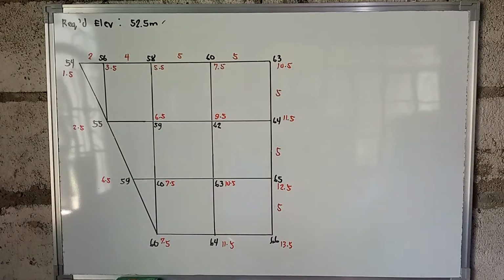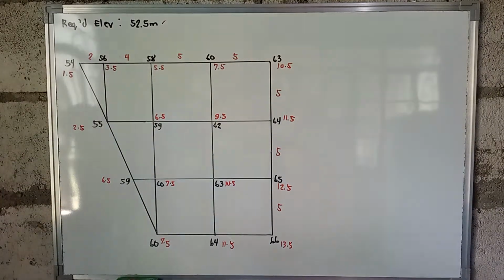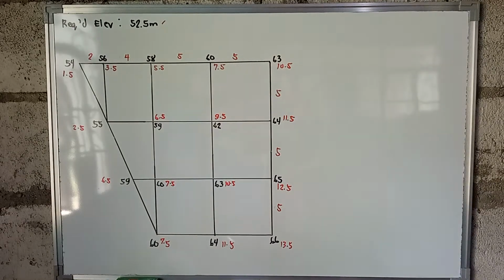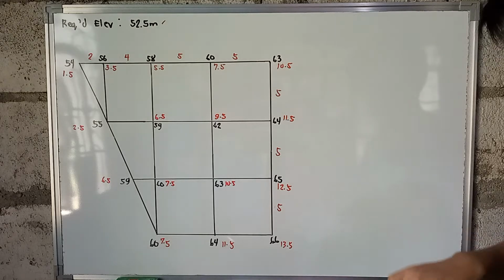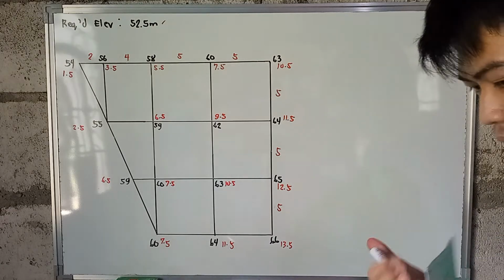So, kunin natin yung volume. So, para magawa natin yon, we will going to use barrow pit method. So, nasabi ko nga sa inyo kanina, dealing with barrow pit method, kailangan parehas yung dimension ng base natin. So, we can only use barrow pit method saan? Dito sa lot nating to.